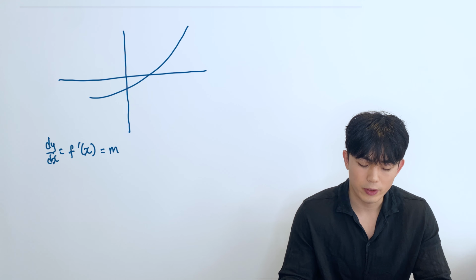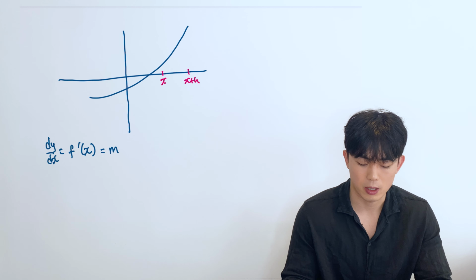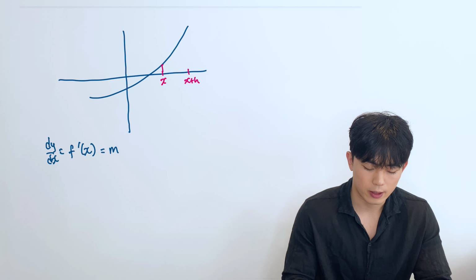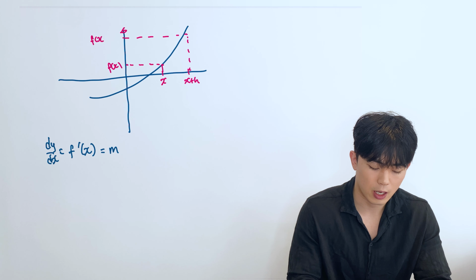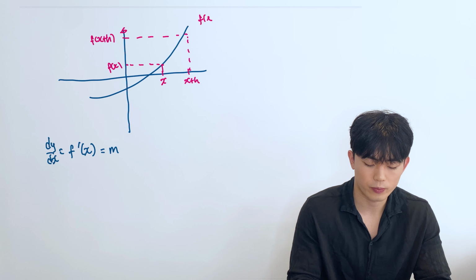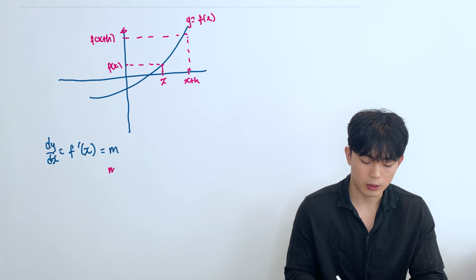And so from the very basics, if I have maybe x here, and I'm going to increase by h, so x plus h, and then this y value will be f of x, and this y value will be f of x plus h if this was the function f of x, right? So what we know is when we find the gradient, our gradient we find is the change of y over change of x, right?